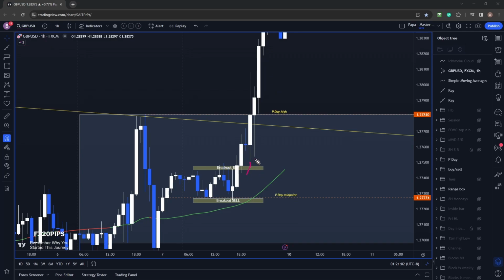This is the 8 p.m. candle. This is the 9 p.m. candle. I was in my Discord group, I drew this breakout buy and sell, and I was thinking that price would range further until about 8:30 when the NFP news come out, and then it would either go up or down.